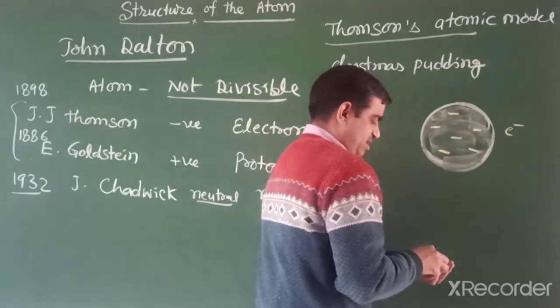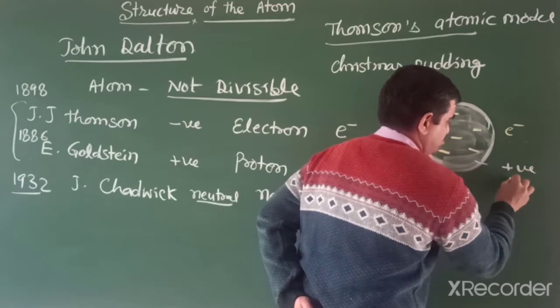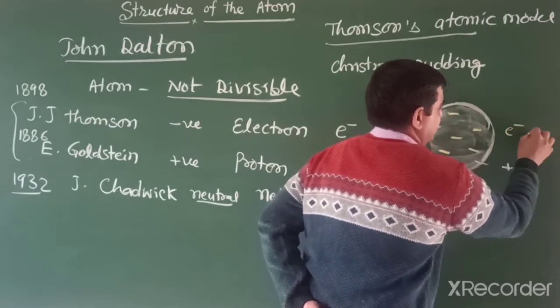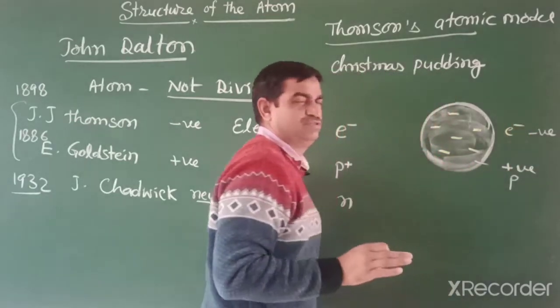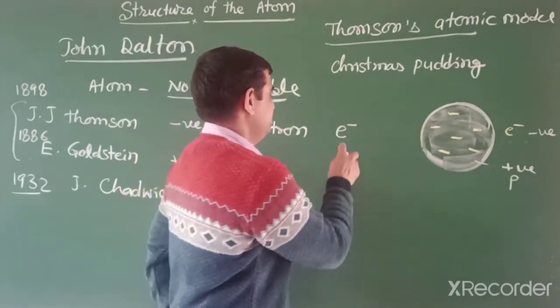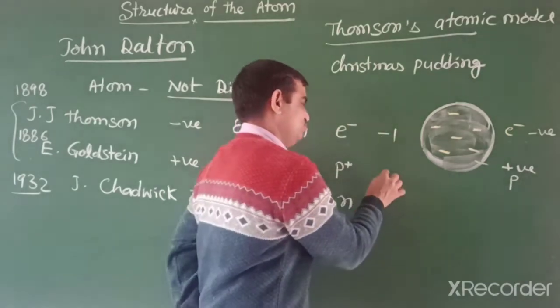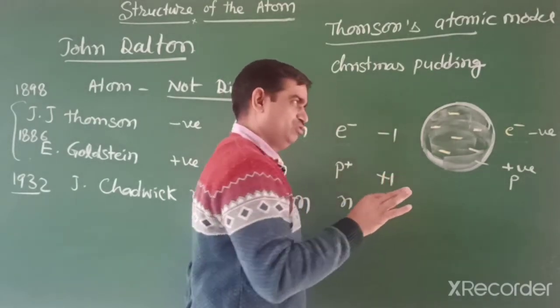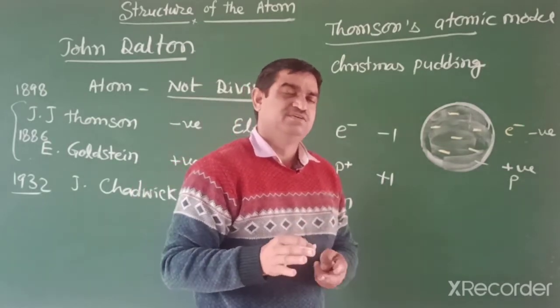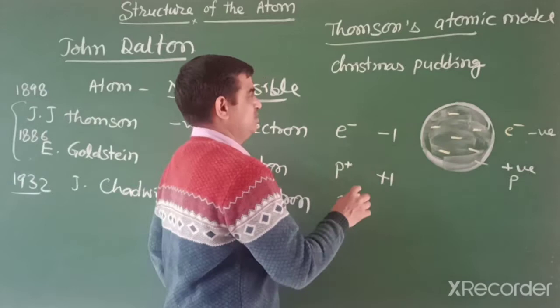The other remaining part is the positive particle, that is protons. Both charges are equal in magnitude, and we assume electron charge -1, proton +1. Although the actual charge is different, we will study in 11th class what the actual charge is.